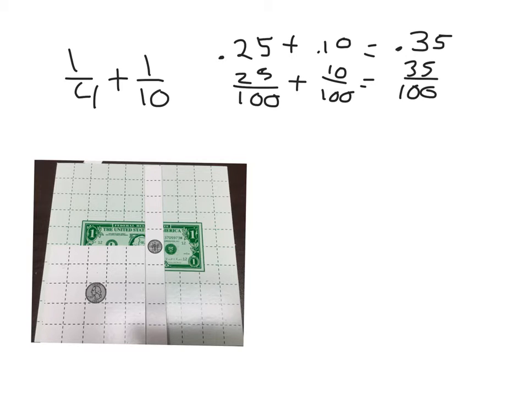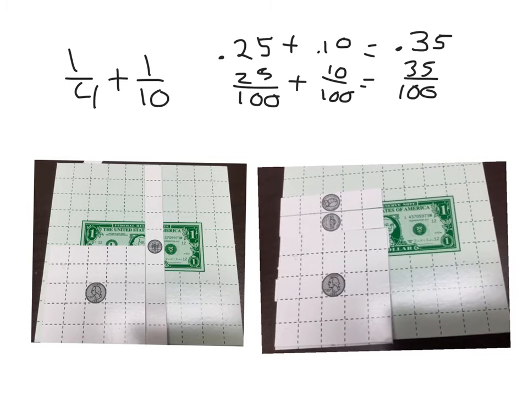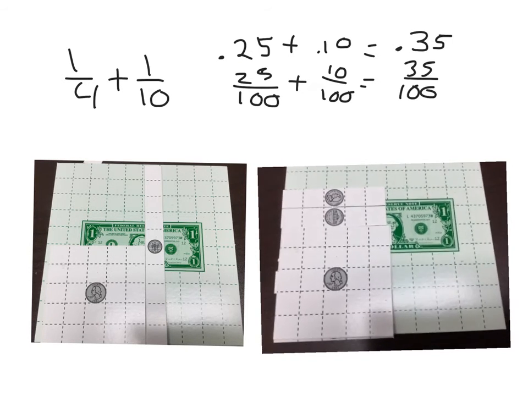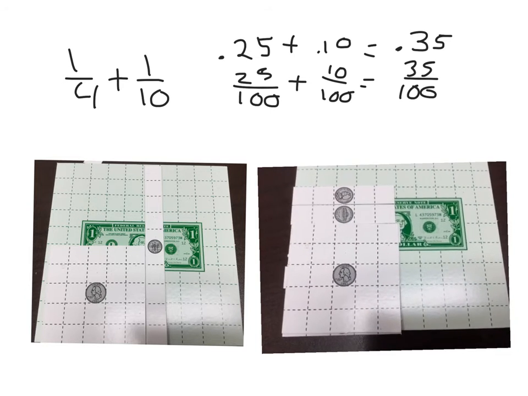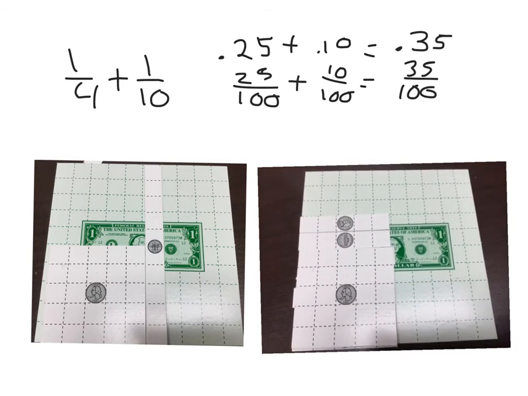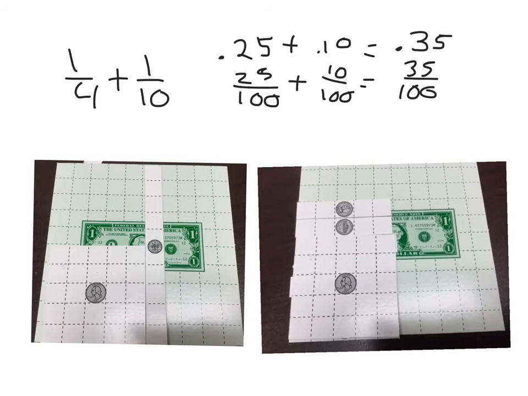Okay, so now let's look at a way we can use our picture to help us maybe find a better fraction, maybe a simplified version of this fraction. And it's going to involve us thinking about these coins not as quarters and dimes, but as nickels. So I'm going to put a small video up here so we can kind of watch that. So right now I went ahead and traded out my dime for 2 nickels. So now at least they look like they're the same amounts. We have 2 nickels and a quarter.